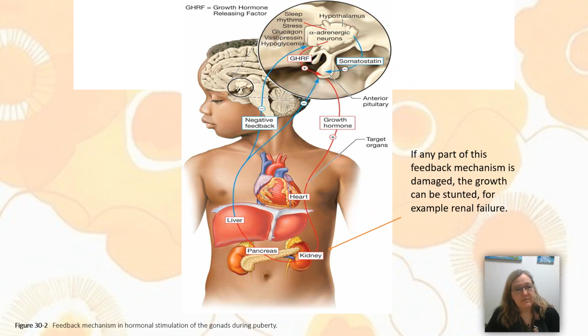So an increase of body hair, changes in voice, development of breast tissue in females, and penis enlargement in boys. So overall, the feedback mechanism during puberty helps the child reach a coordinated development of secondary sexual characteristics as well.